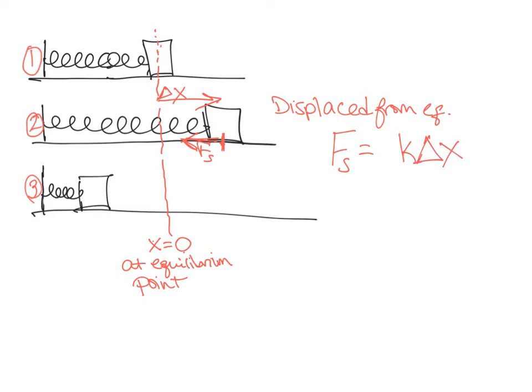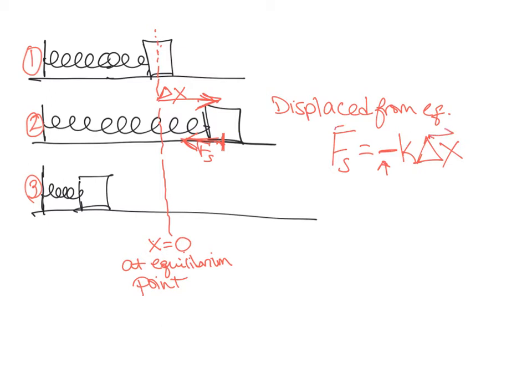So that's magnitude. But this force that the spring exerts is always opposite of the displacement. And that's why we have this negative sign. This tells you it's a restoring force.